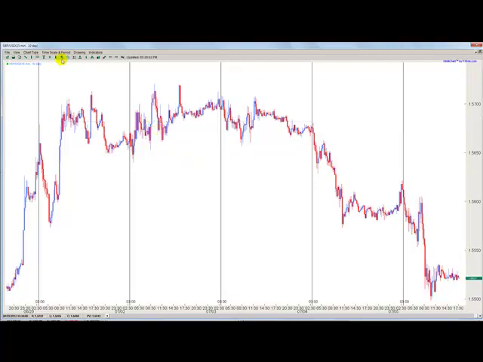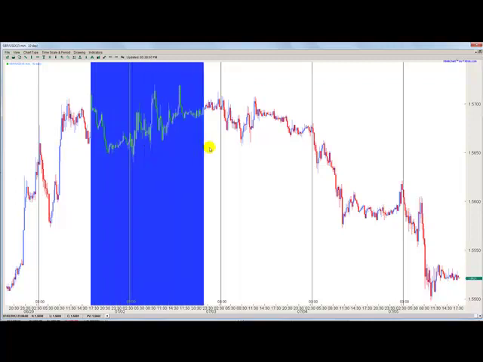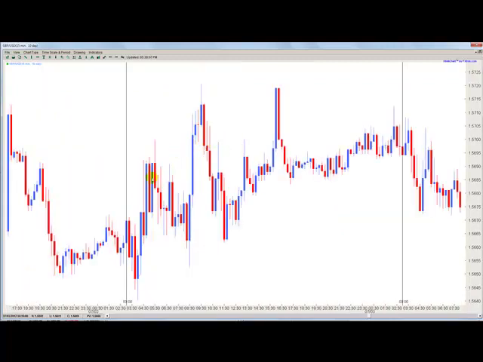Let me pull this off. This was a little bit choppier because getting ready to go into 4th of July holidays here in the States and stuff like that. But like right here, you really had more of an angled move like this.